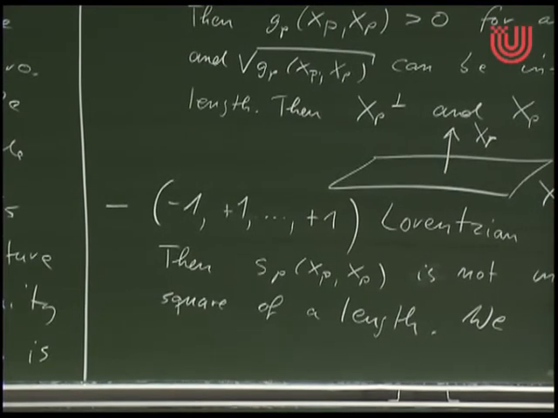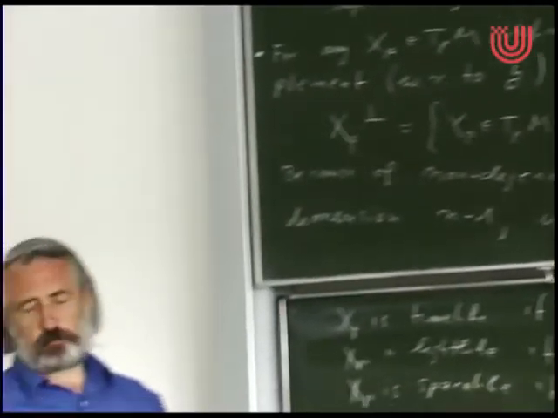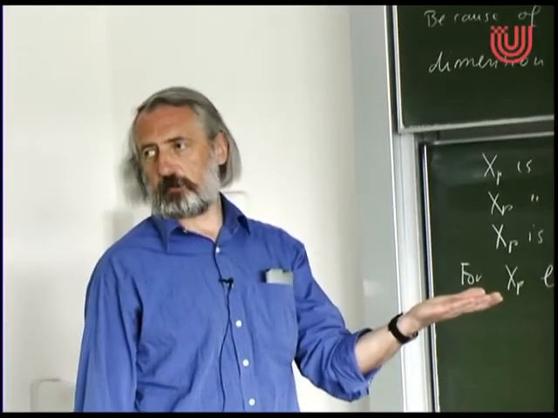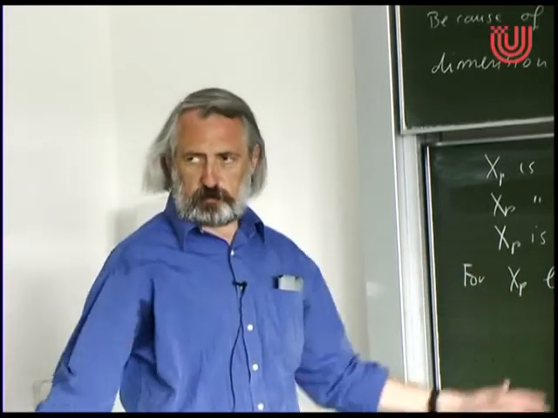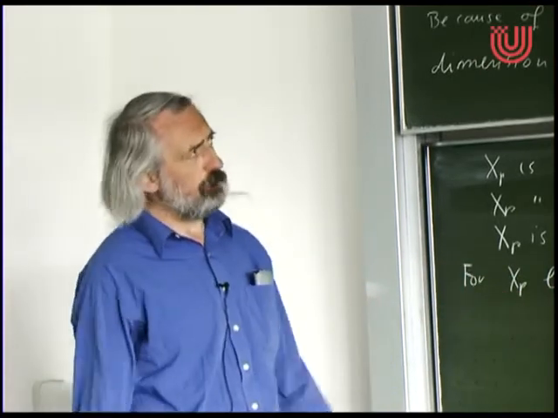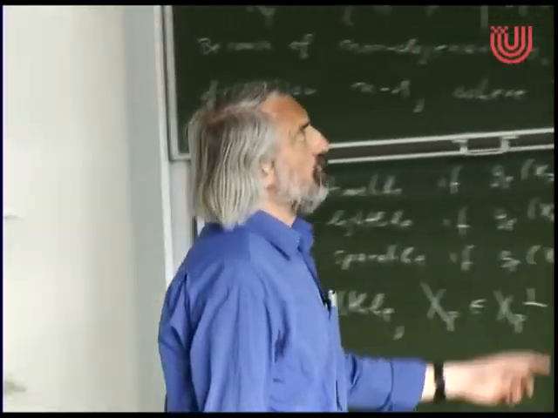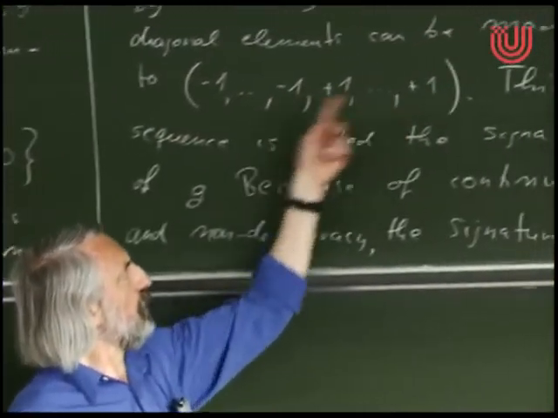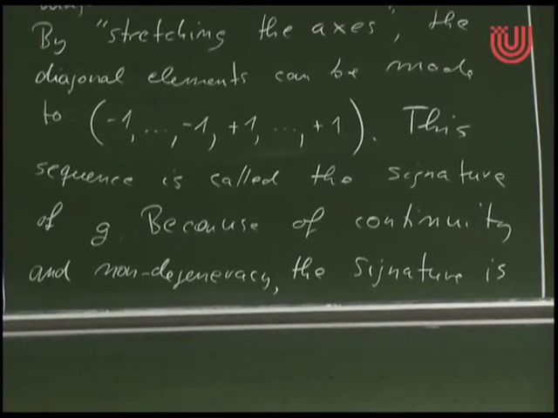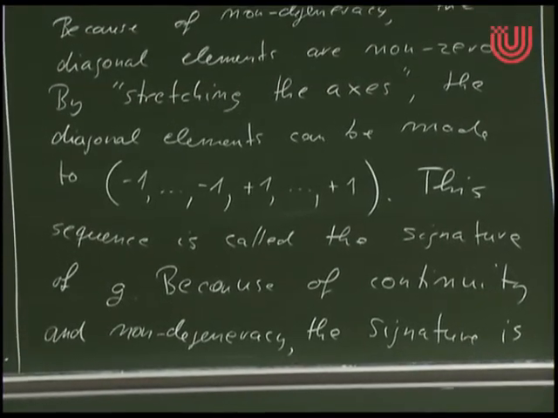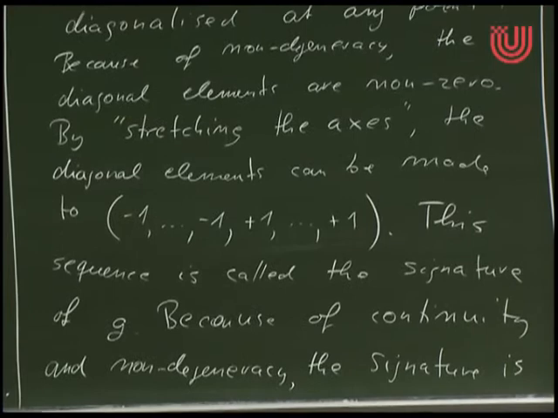So each tangent space, which is attached to a particular point, carries the structure of the space-time of special relativity. It does not work in a whole neighborhood. We haven't discussed this question until now. We will come to it in a minute, namely the question if we can do this on a whole neighborhood, not just at one point. And we will see immediately that in general it is not possible.